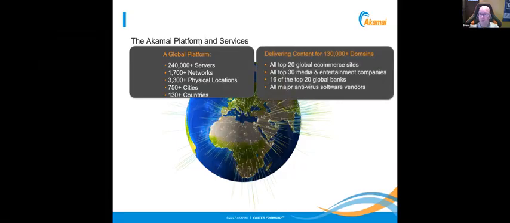Akamai's services are used by all of the top e-commerce websites, sites like Amazon, all of the top media and entertainment companies, so like all the news organizations like CNN, 16 of the 20 largest banks. The banks are using Akamai in part also for protection against attacks. I don't think we'll spend any time talking about that today. Akamai is also used by all the companies that develop antivirus software.